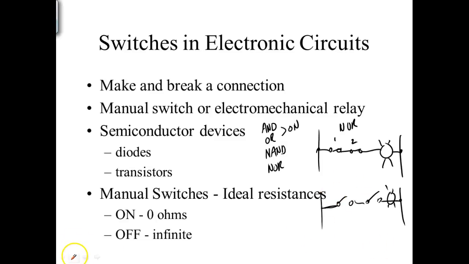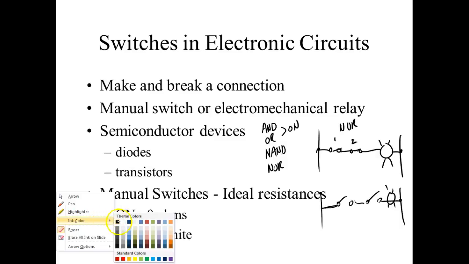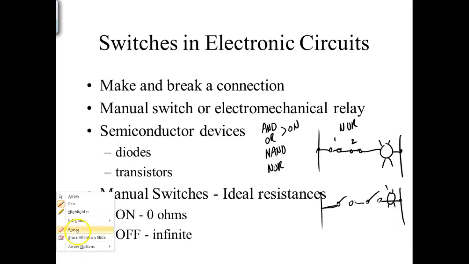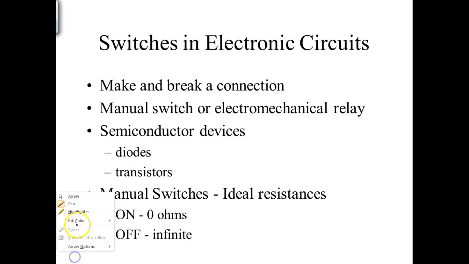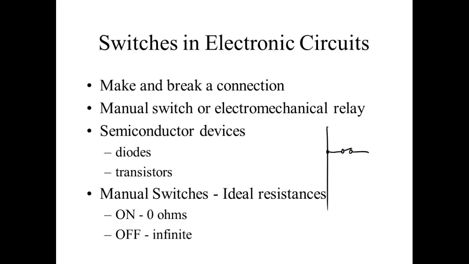So what would you think a NAND would be? With normally closed switches. So if I did this, that's a normally closed. And then I came over here and did this. This is only 2, but understand I could do this.